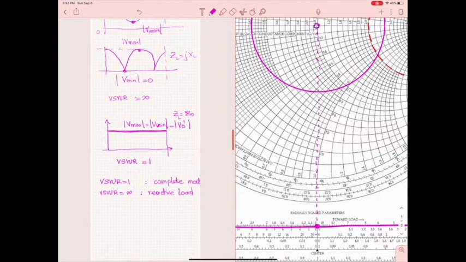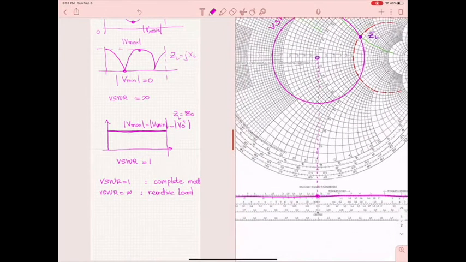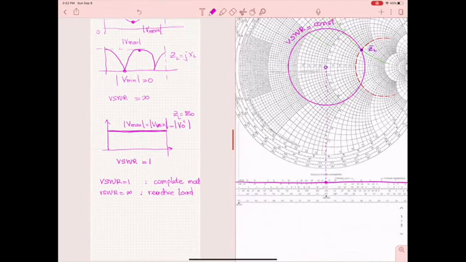So the center of the Smith chart corresponds to VSWR equal to 1. If I go to the center of the Smith chart, that means that I made my gamma equal to 0. So when we try to do matching problems, we always have to go to the center of the Smith chart.